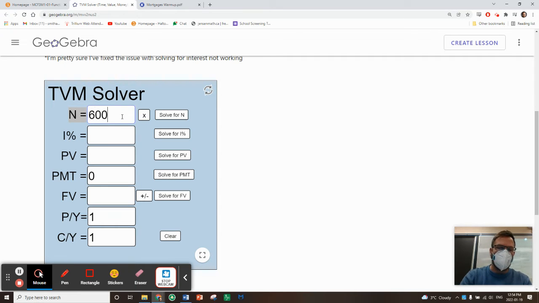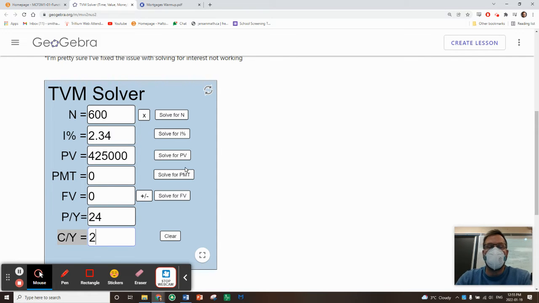We just got to type in 600. 2.34. 425,000. FV is 0. 24 and 2, we said. All right. You guys may have noticed on this updated one, when you change P/Y, it updates C/Y. For mortgages, it's got to be 2, at least for mortgages in Canada.